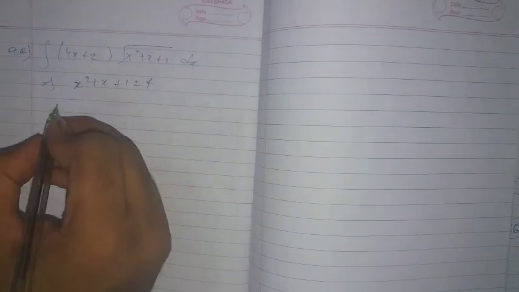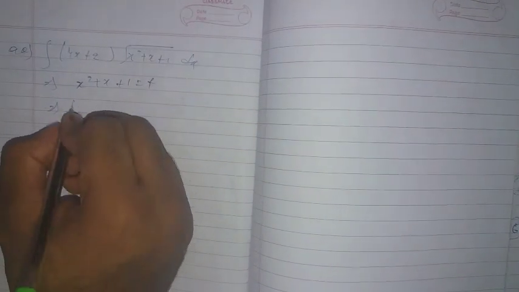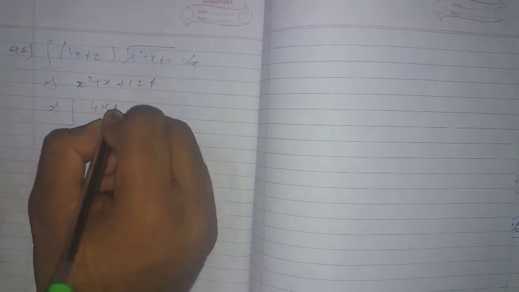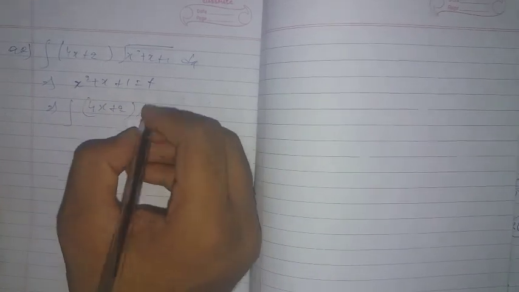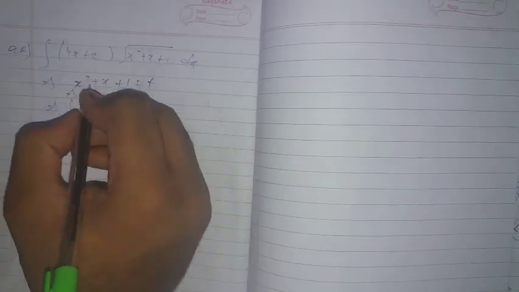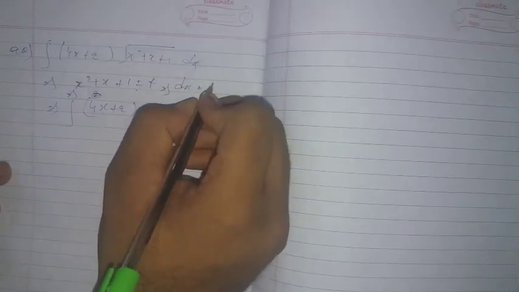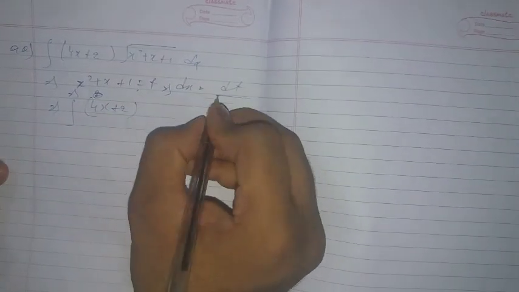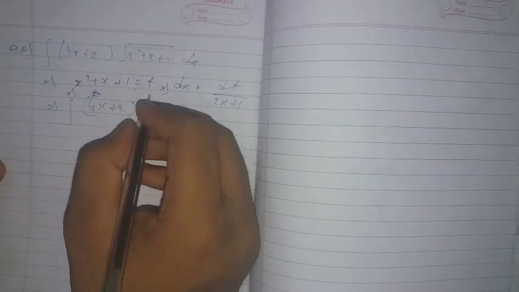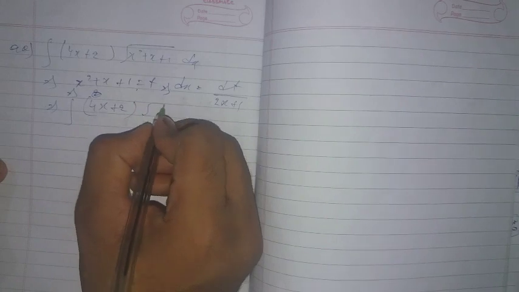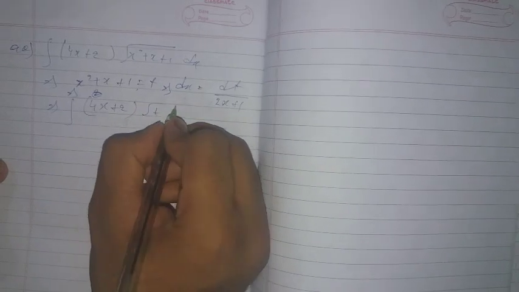So what do we get now? When you differentiate it, you will get dx is equals to dt by 2x plus 1.